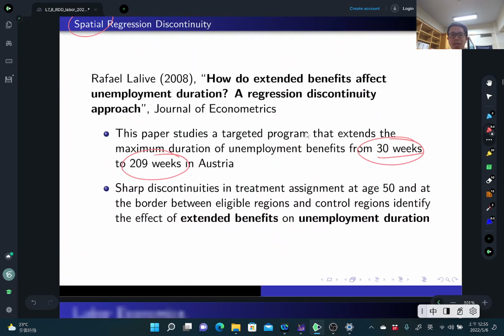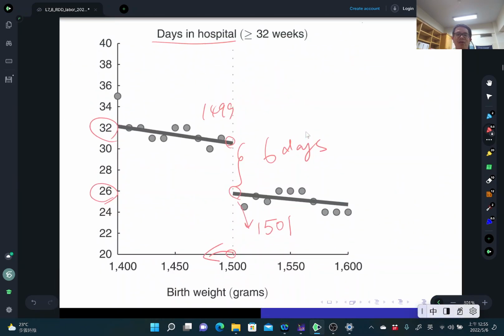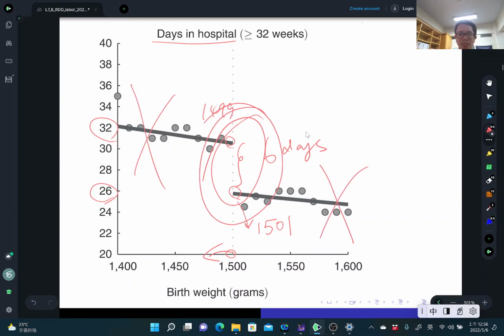For example, even if we have a lot of data, we just use the babies around the cutoff. We only use the babies whose birth weight is around 1,500 grams. We don't use the data here and here. We compare the people who are around here.